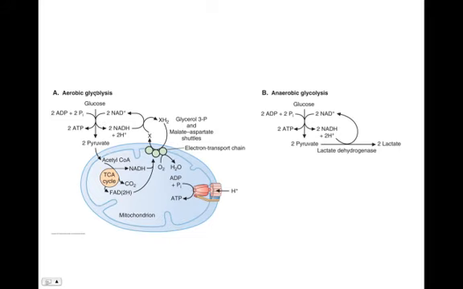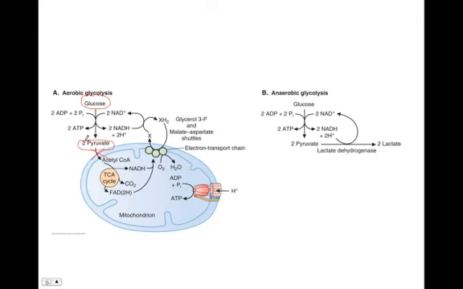Immediately after eating, the carbohydrates are digested to free glucose. And glucose, again, would be normally metabolized to pyruvate, and pyruvate would be converted to acetyl-CoA by the pyruvate dehydrogenase complex.